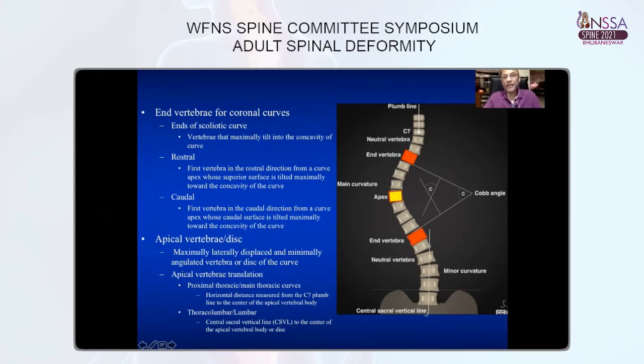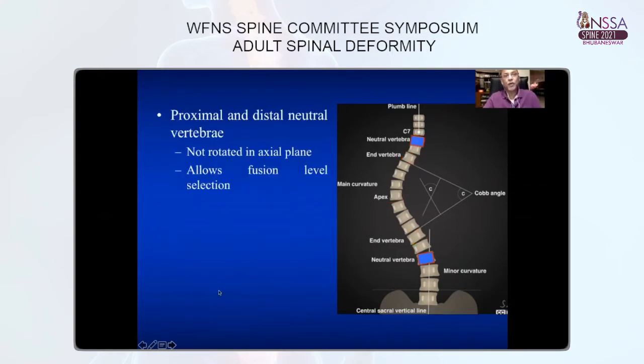Thoracolumbar and lumbar curves we measure from the central sacral vertical line, which is from the bottom, and again to the center of the apical vertebra. So if you have a line drawn from there, these would be the thoracolumbar curves. What about proximal and distal neutral vertebra? These are not rotated in the axial plane, and they allow the fusion level to be selected.